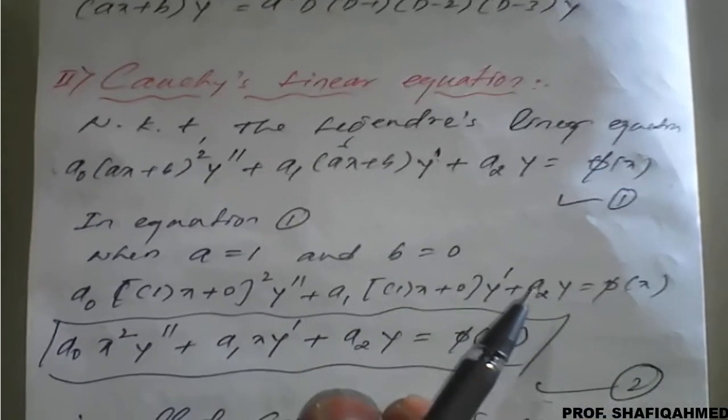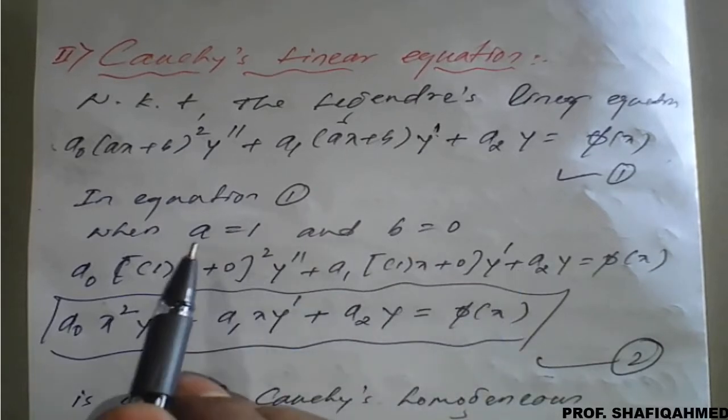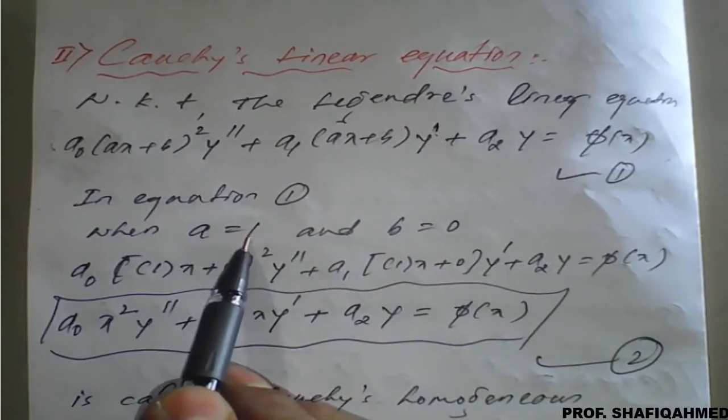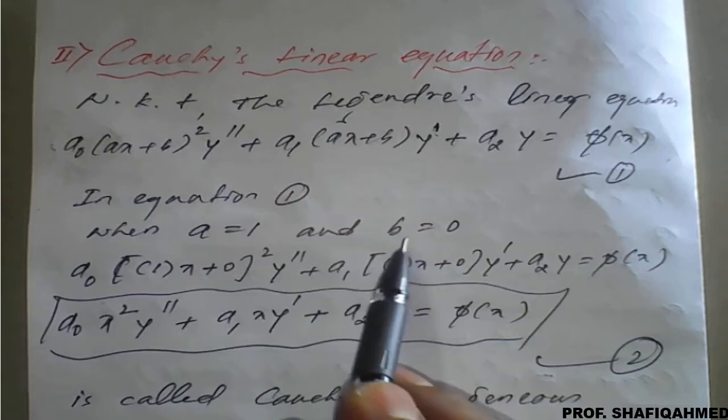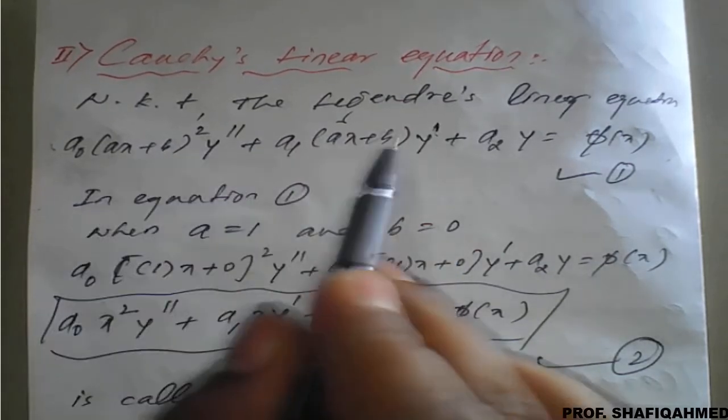Now in this Legendre linear equation, you substitute a = 1 and b = 0 throughout the expression.